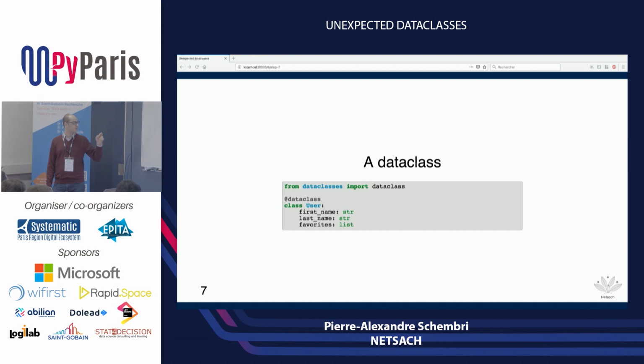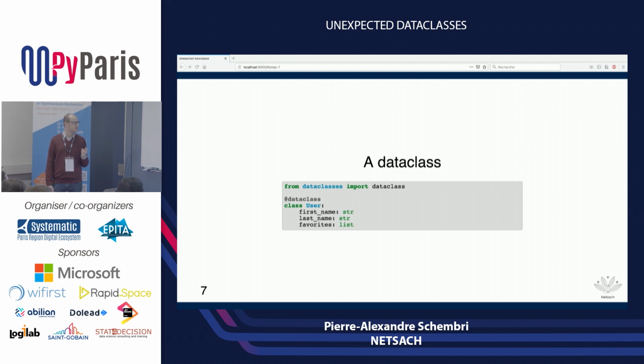So we say our user has a first name, has a last name, has favorites. And we say it's a string, and for our favorites, it's a list. Here, we still have normal Python code. So there is no type checking. You can set anything you want. This is just information. And that's the beauty of it.